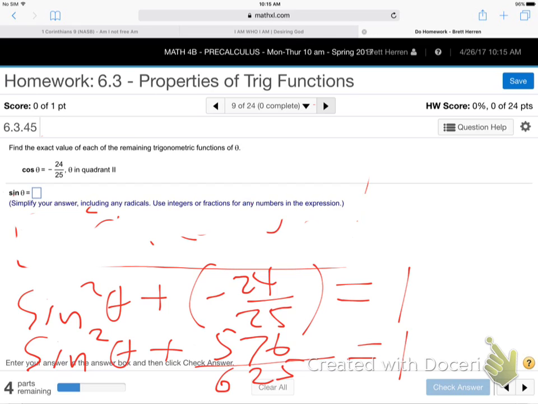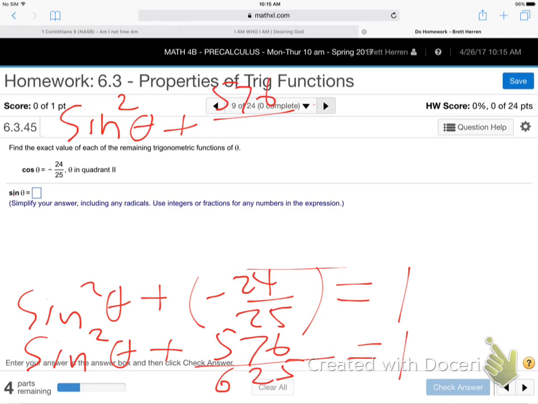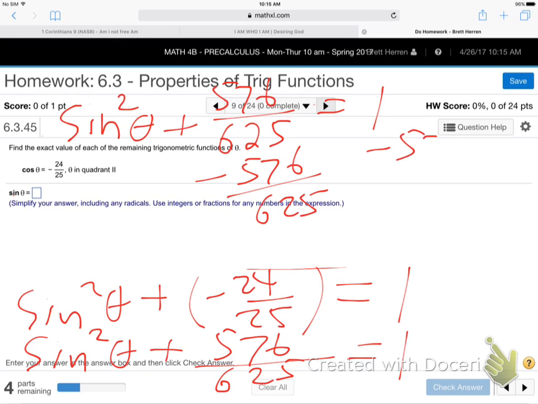So you're going to have to subtract that from both sides. So I have sine squared of theta plus 576 over 625 is 1. So subtract the 576 over 625 from both sides.